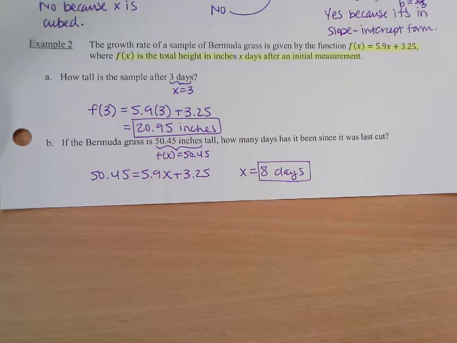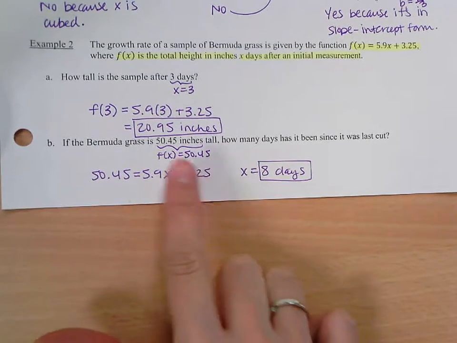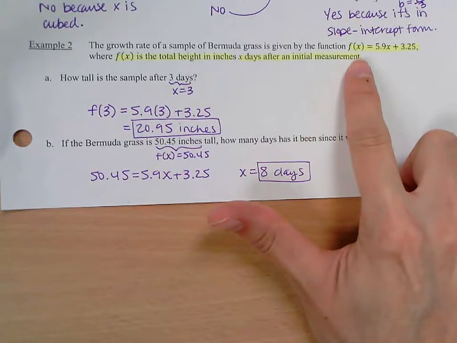Some of you didn't have B quite done when I walked around. Isaac? Solving for x, yes. So you should have f of 3 in part A, 20.95, which if you had A done when I walked around, that's what I was seeing, 20.95 inches. And then yes, you're putting 50.45 in for y, which is going in place of the f of x.